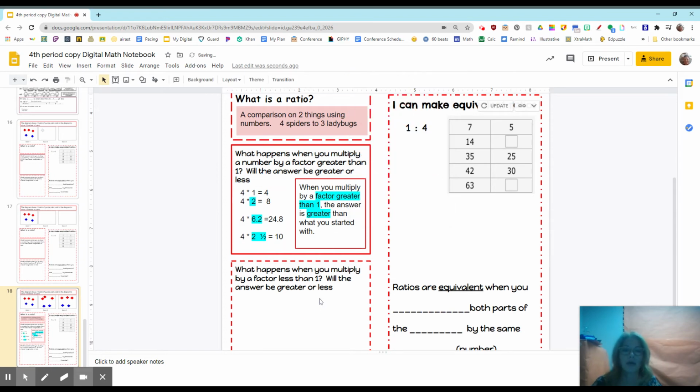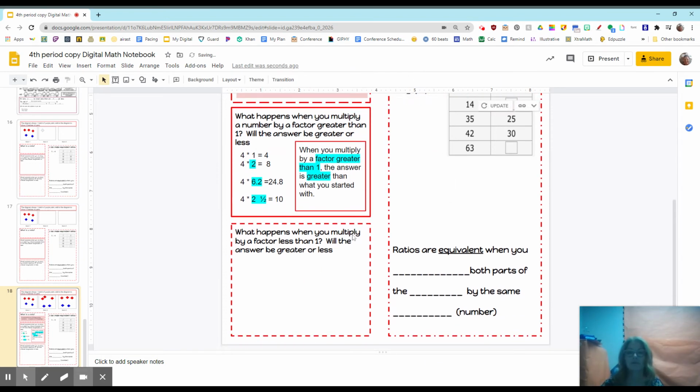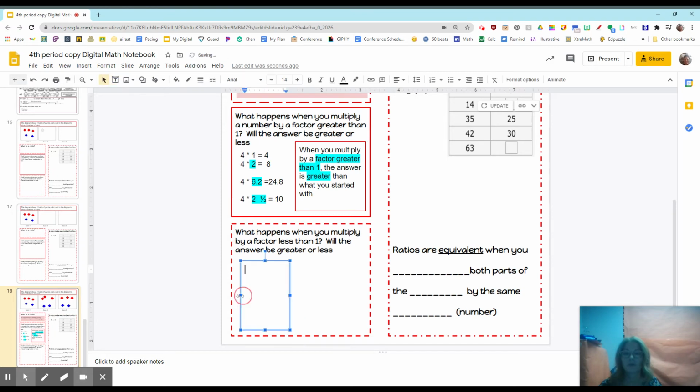So with that in mind, you probably can guess what's going to happen when you multiply by a factor less than 1. So we already know 4 times 1 is 4. So let's do something different.